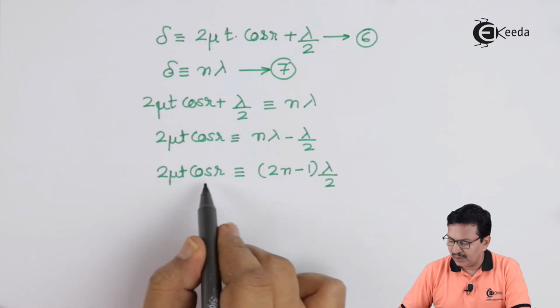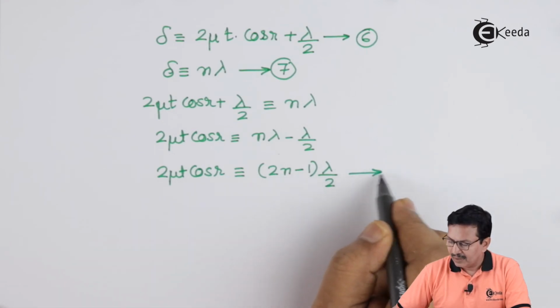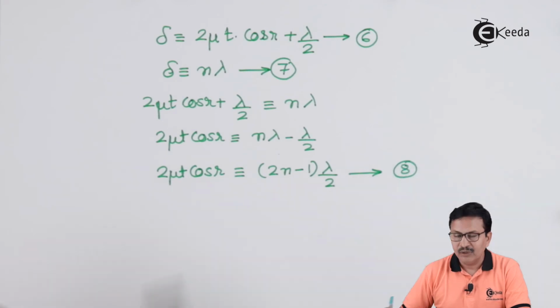Thus 2 mu t into cos of r is equal to 2n minus 1 lambda by 2. This is the expression for the constructive interference.